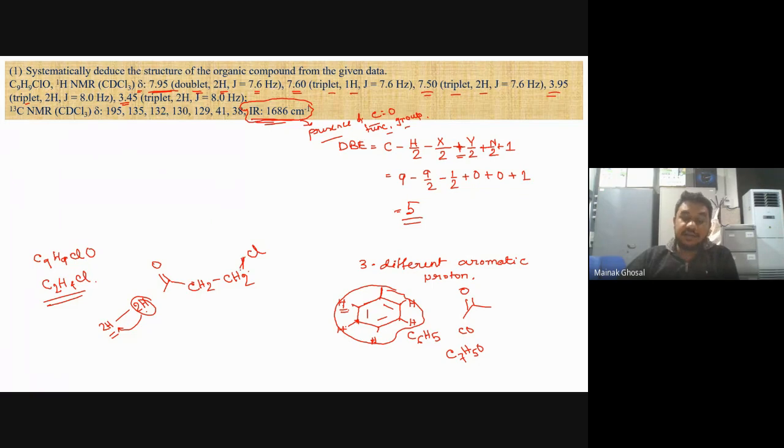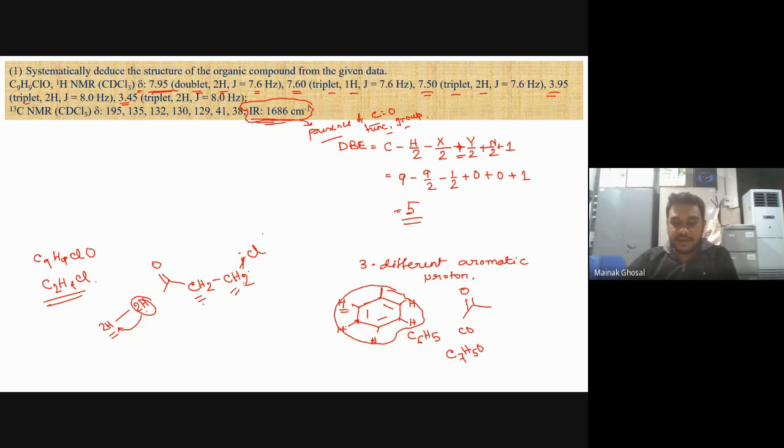Remember, this is also a prediction, which is most probable. So this will be a 2 hydrogen triplet, and this will be a 2 hydrogen triplet.